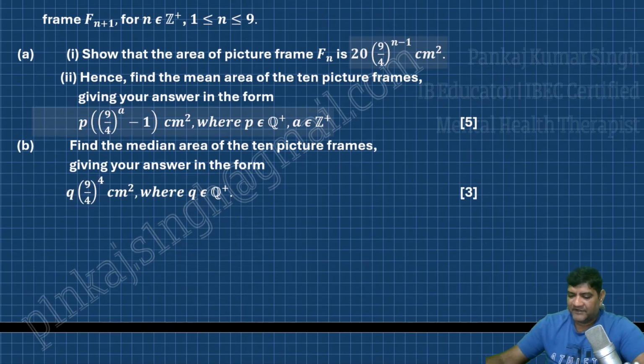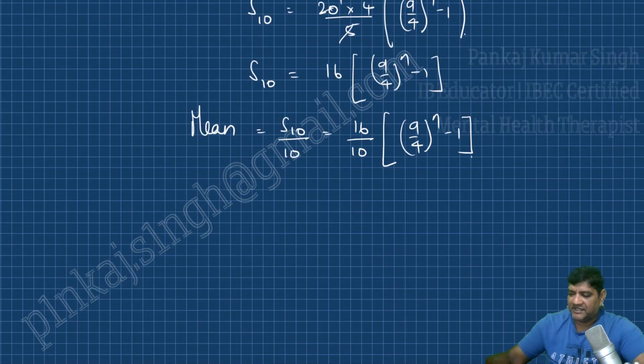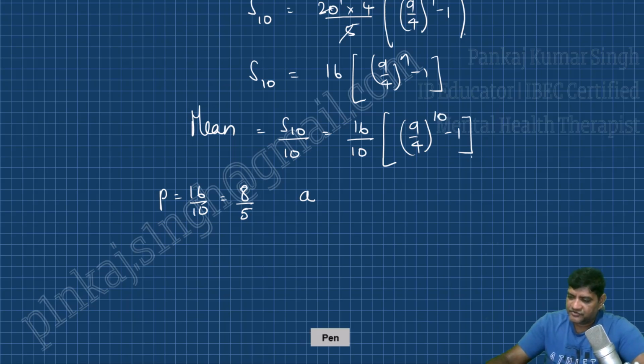By comparison, I can find out the value for p and also the value for a. So I can write the p value as 16 by 10, or 8 by 5, and then the a value, in this case n is going to be 10, so I can directly say a is equal to 10.